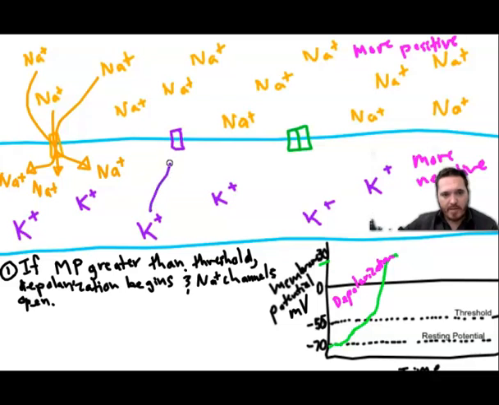Now, what's going to happen when we're removing positive ions from the inside of the membrane? If you said that the membrane potential will get more negative, you would be correct.